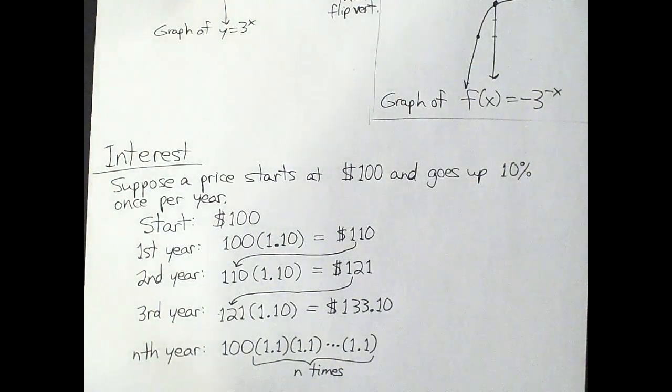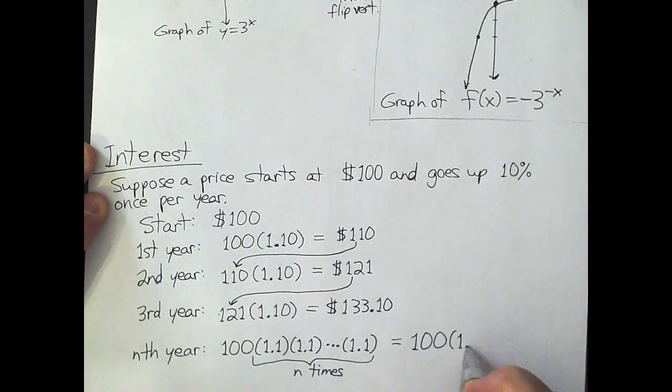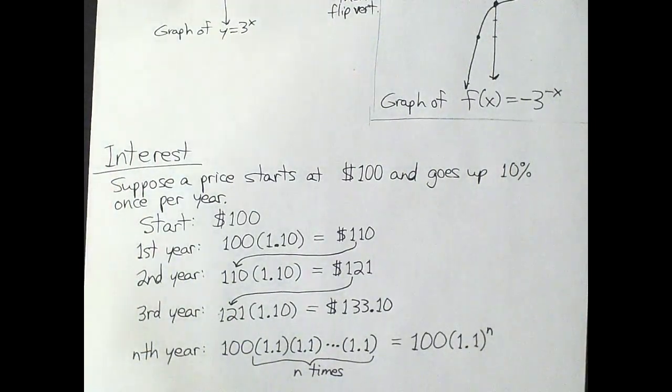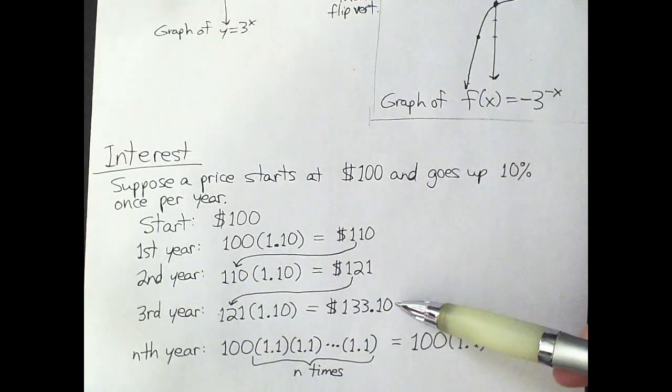Or maybe a nicer way to write this is with an exponent, to say start with 100 and multiply it by 1.1 raised to the n. And that's why exponents get used here, and that's why this is going to ultimately be an exponential function. And this little formula here does work. Like if you were to put in n equals 3, you would get $133.10.